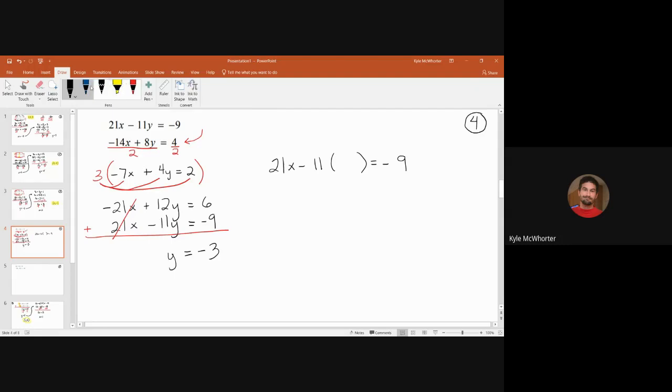And my y was -3. All right, so 21x, minus 11 times -3. The two negatives, when we multiply, turn into minus -33, which is just plus 33.